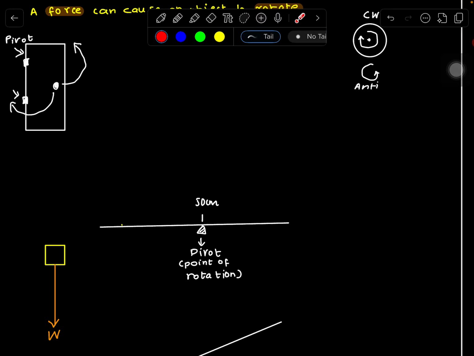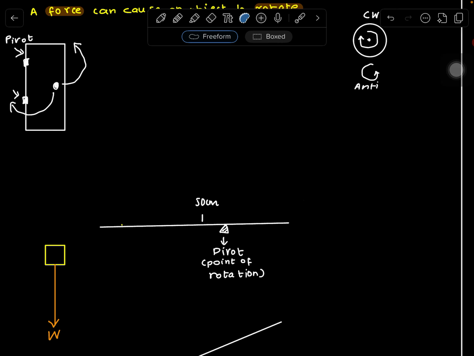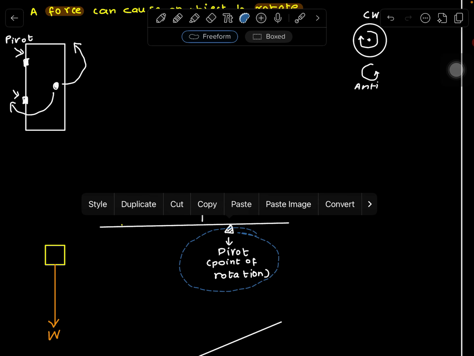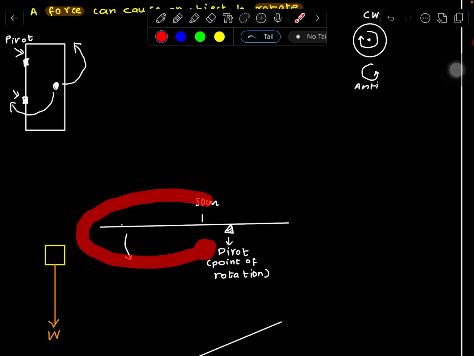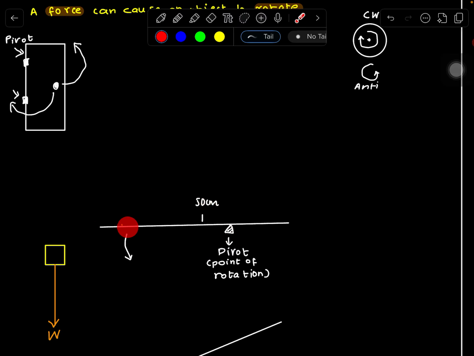But if you move your hand a little to the right or a little to the left, let's say if you move your hand here, then the ruler will rotate in this direction and it will fall down, right? Because there is more mass of the ruler on this side as compared to the right side, which causes this side to rotate anti-clockwise, right?